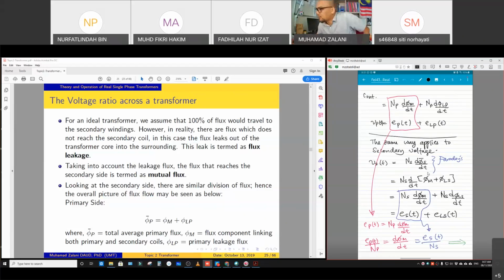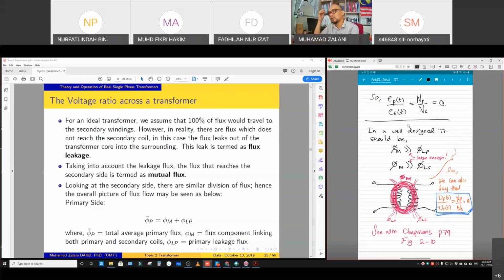So we do the comparison, which is EP equals to NP d phi m over dt. Then we rearrange this equation, and we get EP over NP equals to d phi m over dt, right? And this one, we compare with the secondary part, where we get ES over NS. And then we do the same way, further calculating this real transformer assumption.